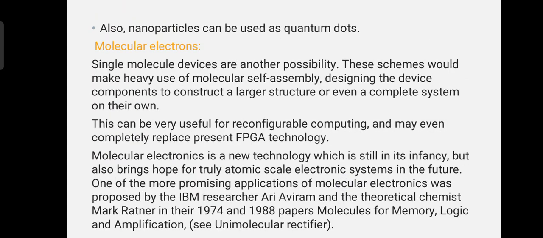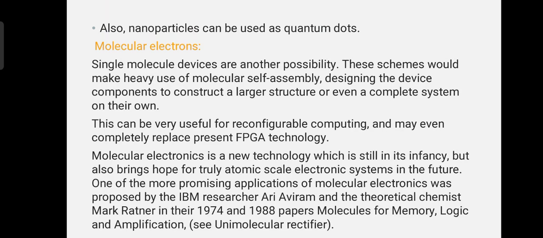Also, nanoparticles can be used as quantum dots. Molecular electronics, single molecule devices, are another possibility. These schemes would make heavy use of molecular self assembly, designing the device components to construct a large structure or even a complete system on their own.